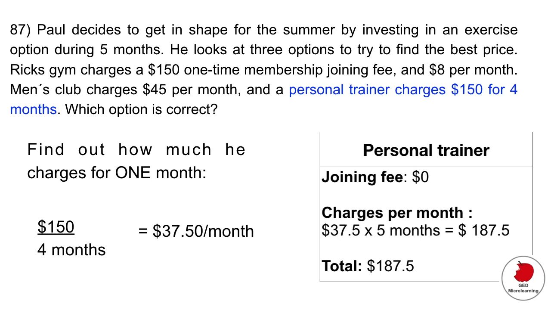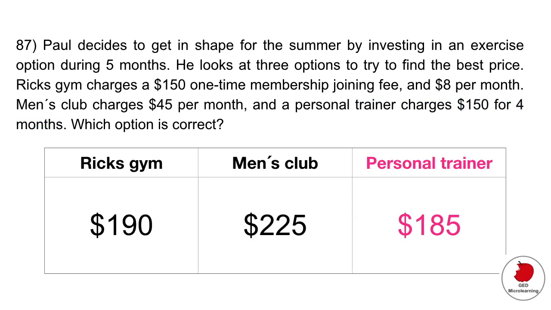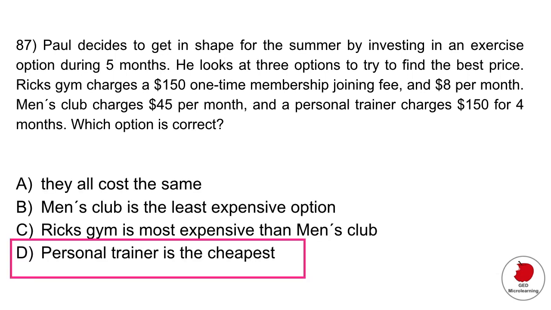You would multiply that number by 5 months, which gives you $187.50. And the personal trainer does not have a joining fee. Okay, so if you compare these three in this table, you can see that the correct answer would be D, which is that the personal trainer is the cheapest option.